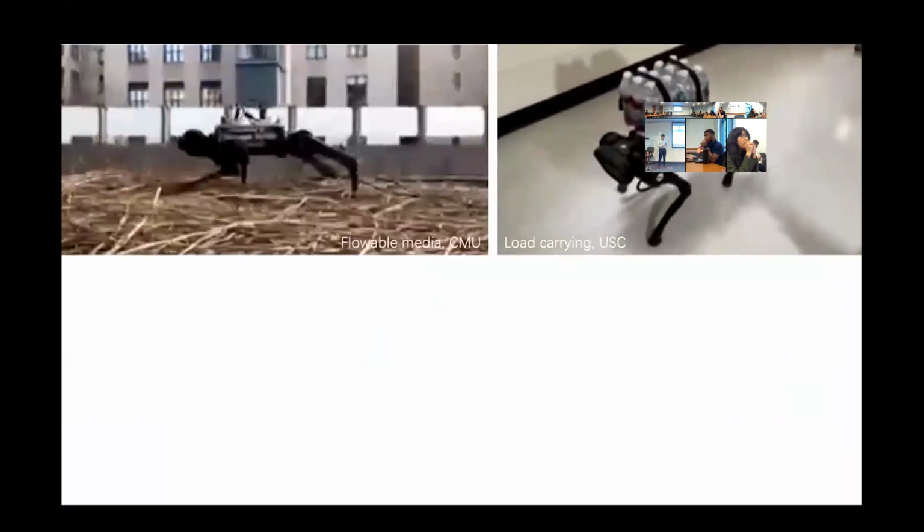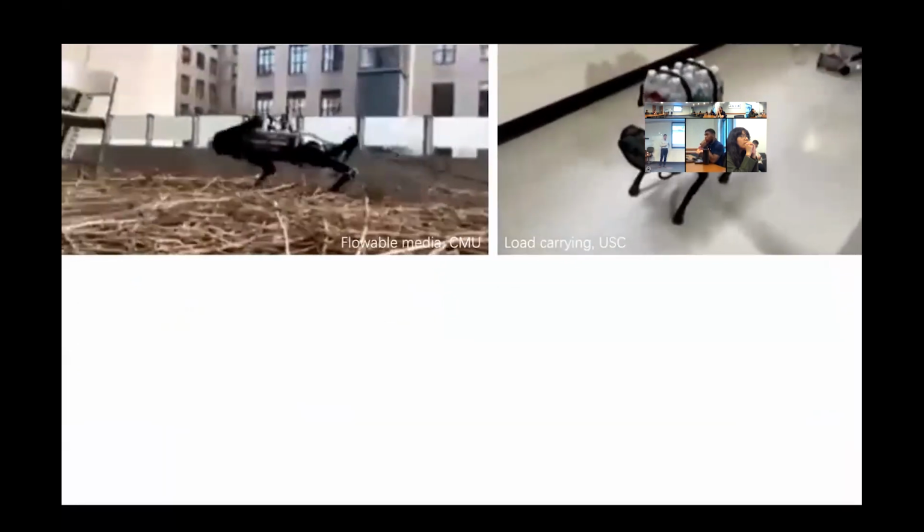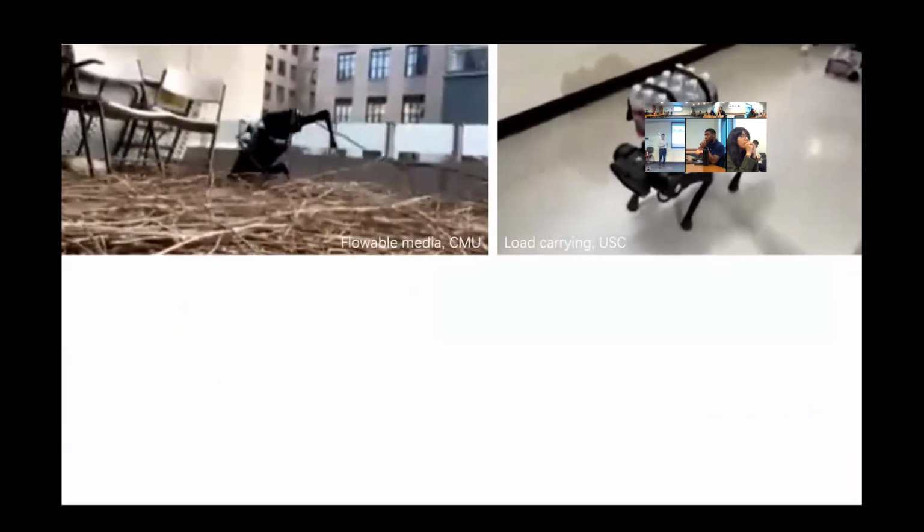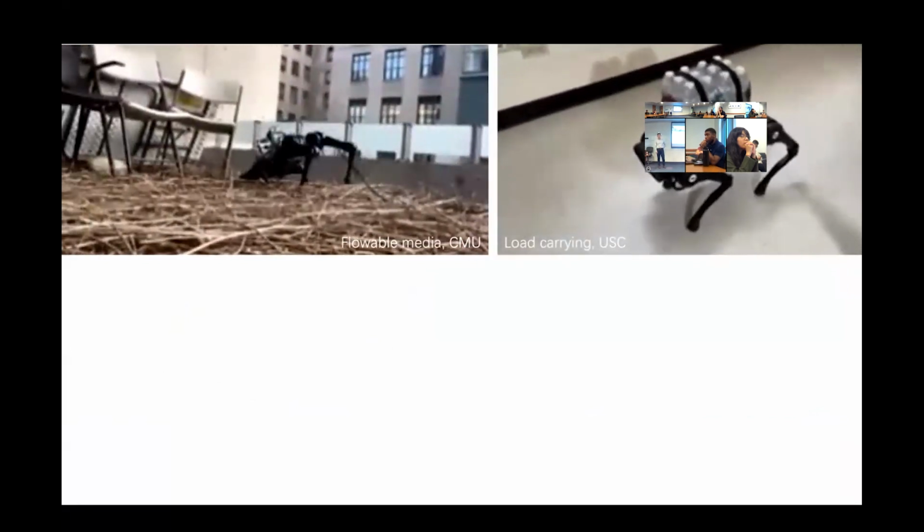For example, the quadrupedal robot has a hard time going through entangled materials. And if we want the quadrupedal robot to carry some payload, the speed substantially slows down. Here, the robot is carrying a weight approximately 1/2 of its body weight.